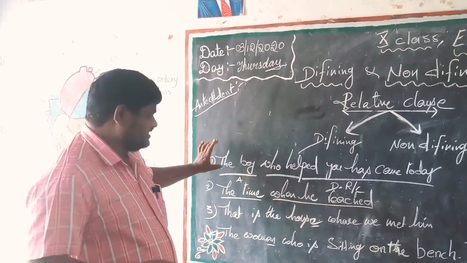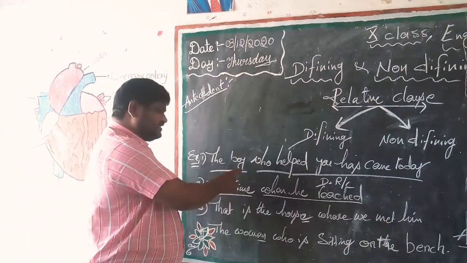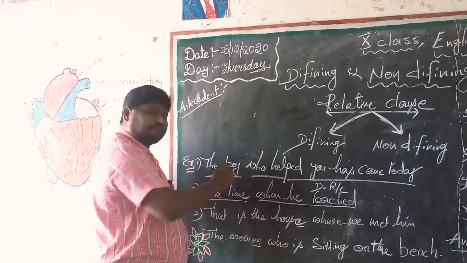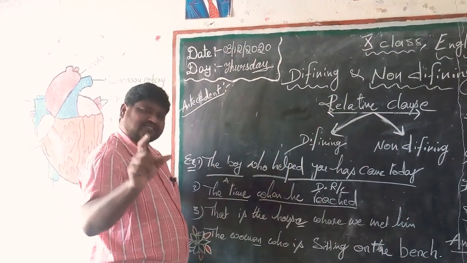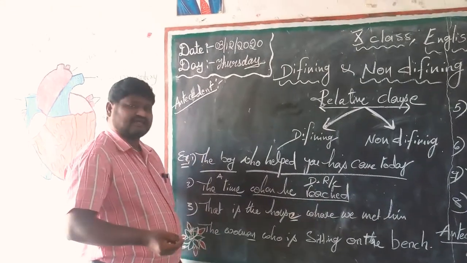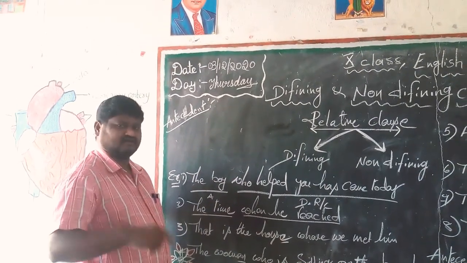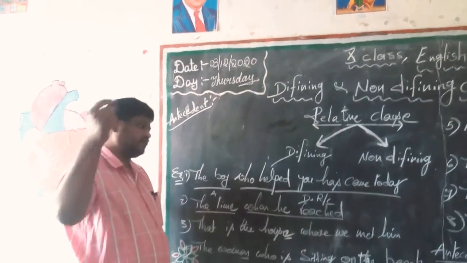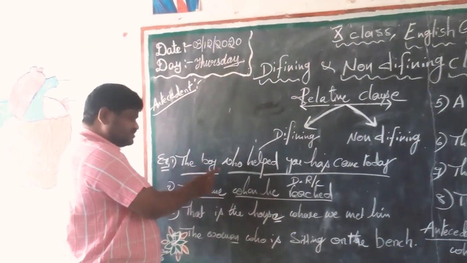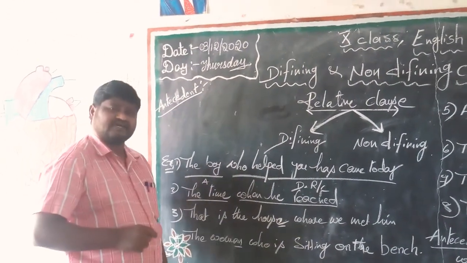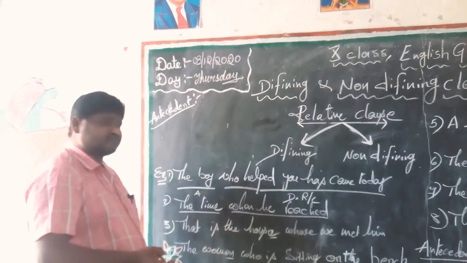Somebody else. The sentence does not give it particularly. When we have a particular one, that is a non-defining relative clause. But in this video, defining relative clause means how it will be identified.